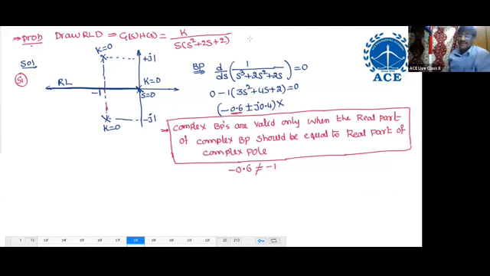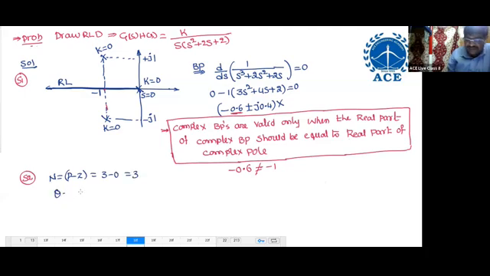Next, listen, all of you listen. So the complex breakpoint is invalid. Next, step 2. What is step 2? Calculate the angle of asymptotes. Number of asymptotes is equal to P minus Z, which is 3 minus 0, which becomes 3.